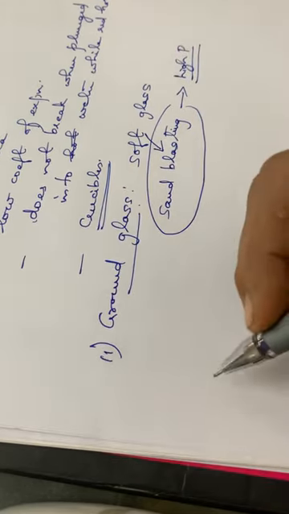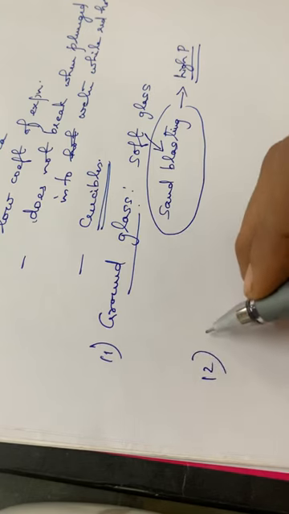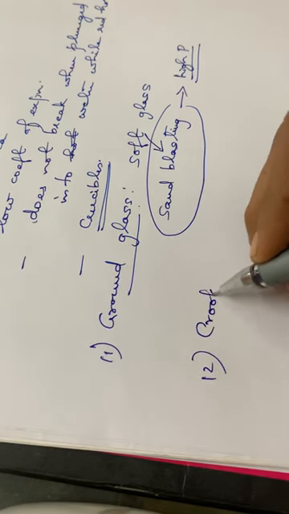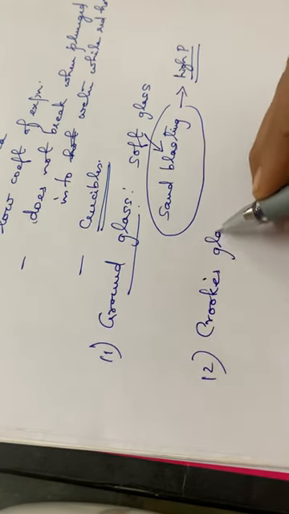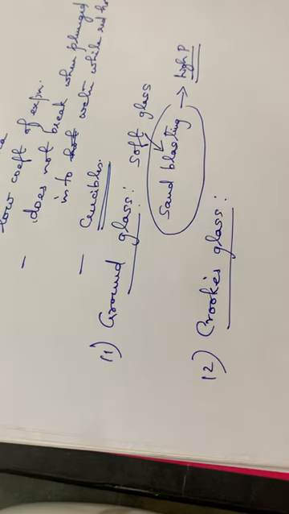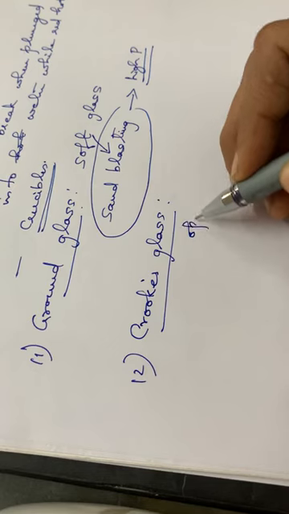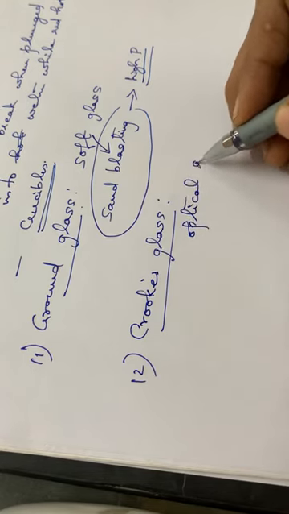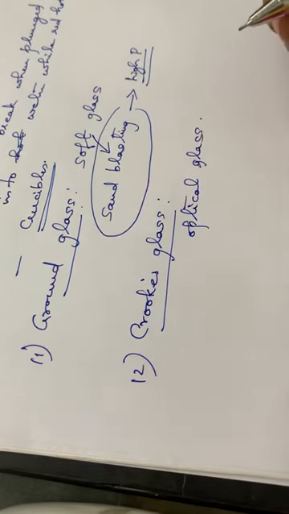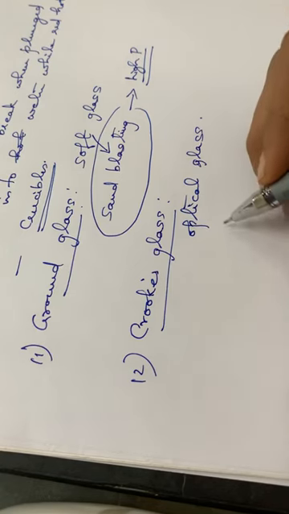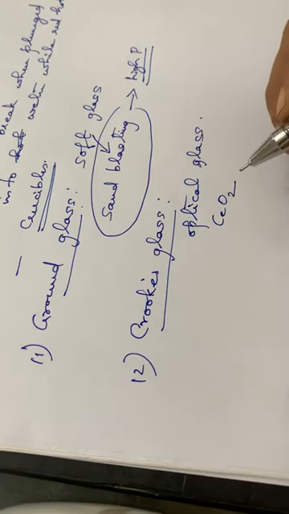Then the next one, the 12th one, that is Crookes glass. Crookes glass is another type of optical glass, and it contains cerium oxide, CeO2.